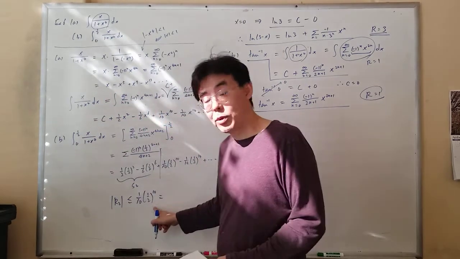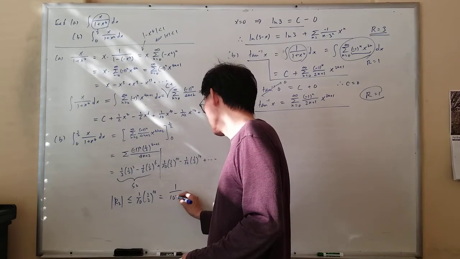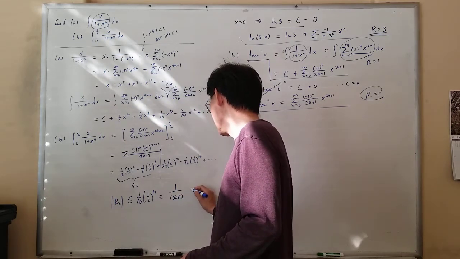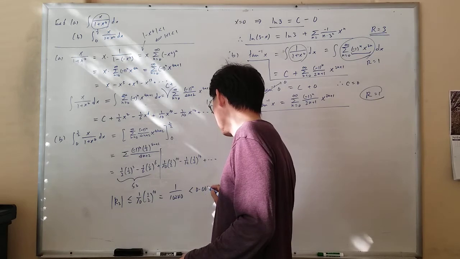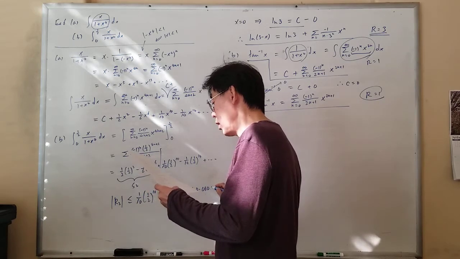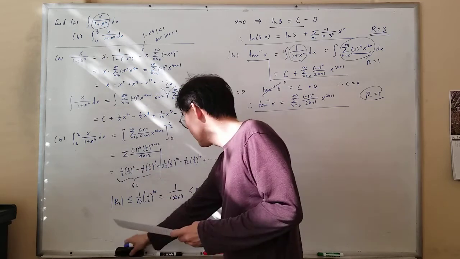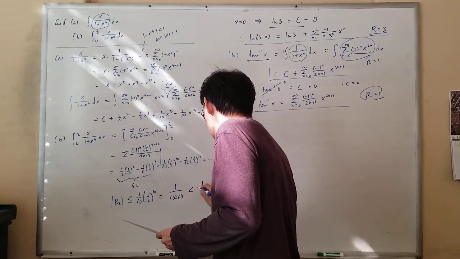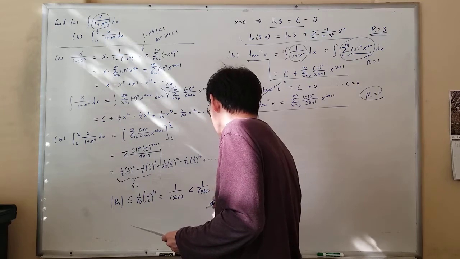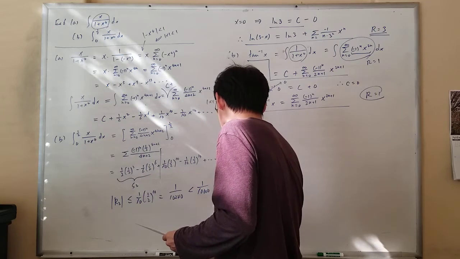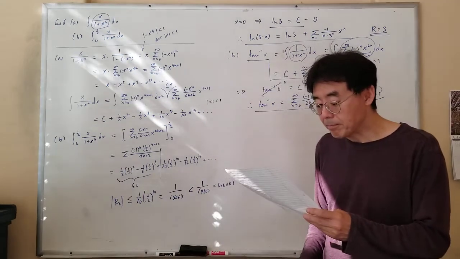This is 1024, so 1024 times 10, which is less than 0.0001, right? This is less than 10,000, which is 0.0001. Okay.